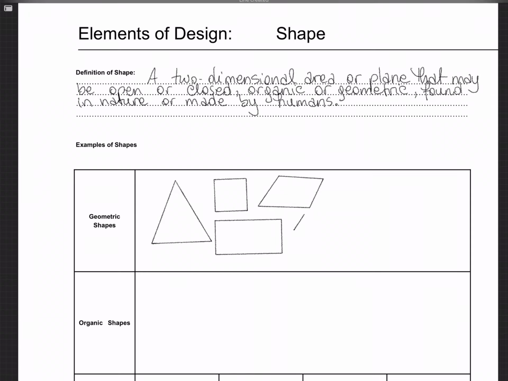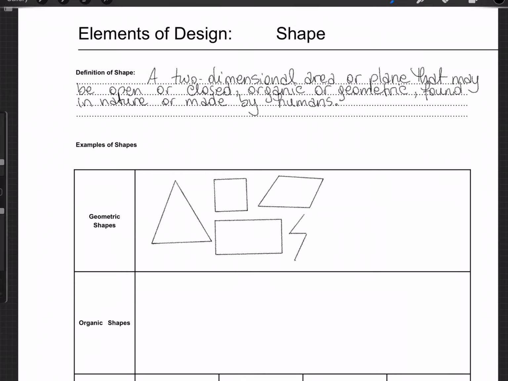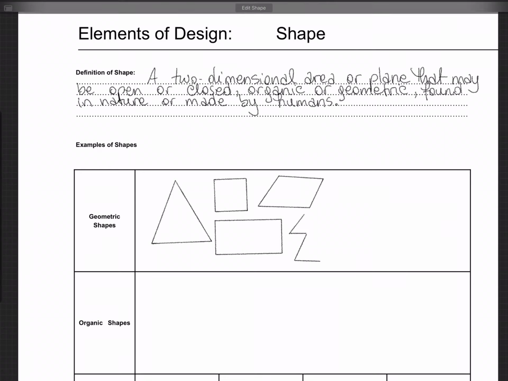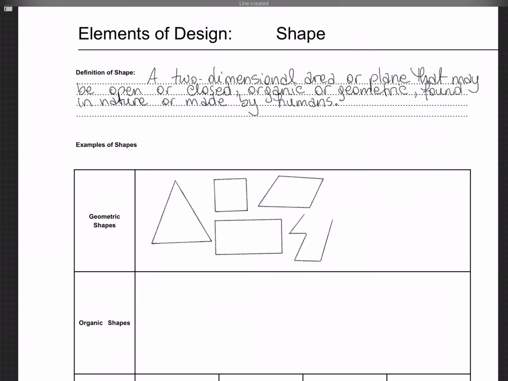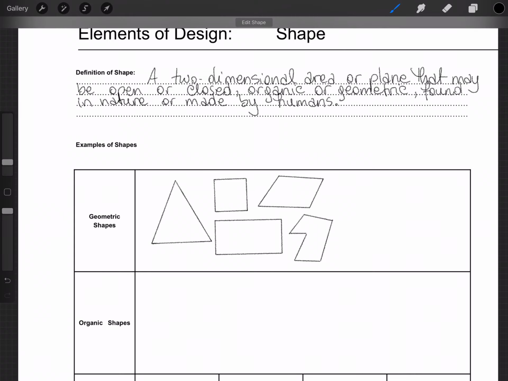It can even be a shape that has a variety of sides and number of angles. It doesn't have to be a shape that we can name, okay?